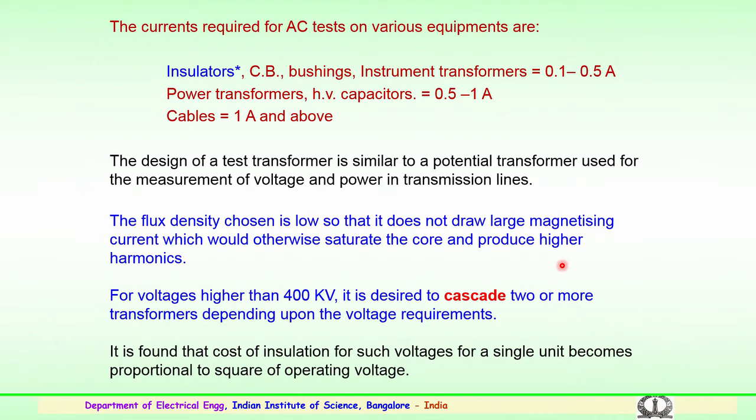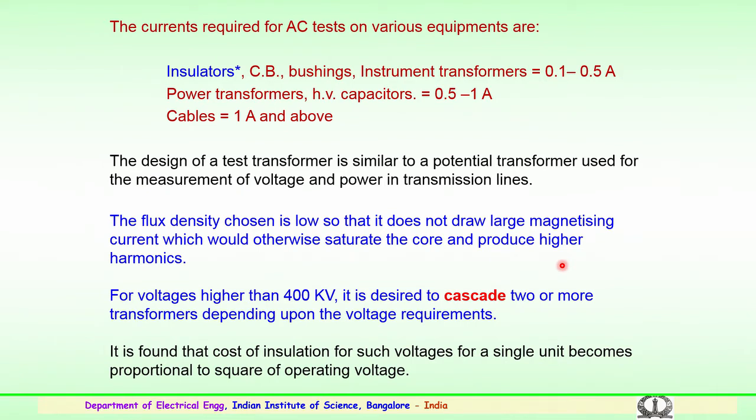Example, insulators, circuit breakers, bushings and instrument transformers: the specified current rating is anywhere between 0.1 to 0.5 amps. For power transformers and high voltage capacitors, the current rating of the AC tests is between 0.5 and 1 amp. For cables, it is generally 1 amp and above.